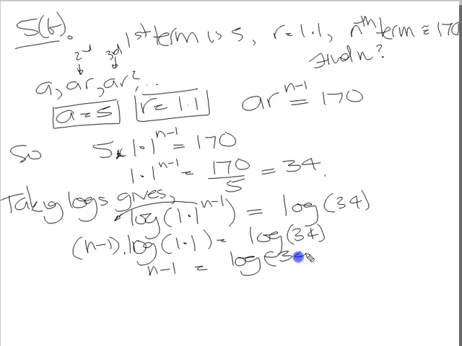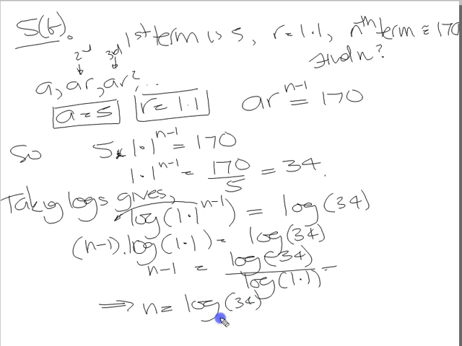There's a lot of algebra in this question. And then basically that will tell you that n equals log 34 over log 1.1. And then the minus 1 moves across to plus 1. There we go. So let's tap that in the calculator then.